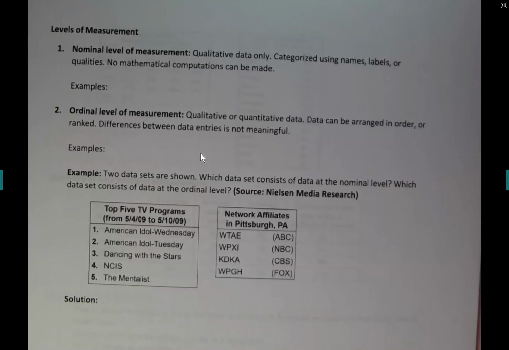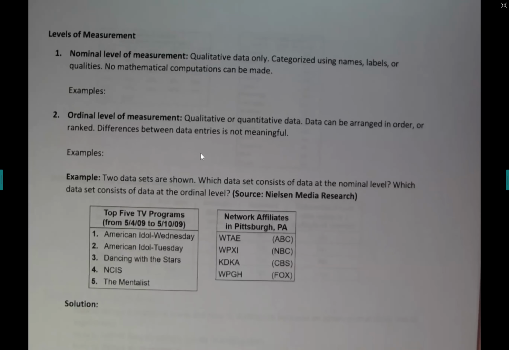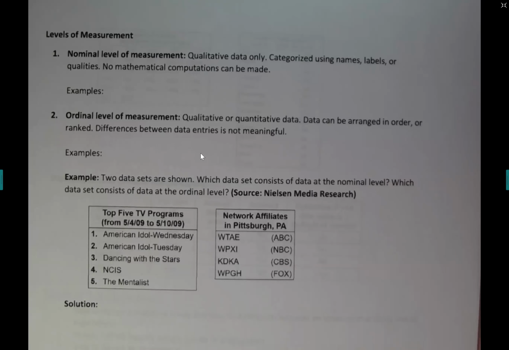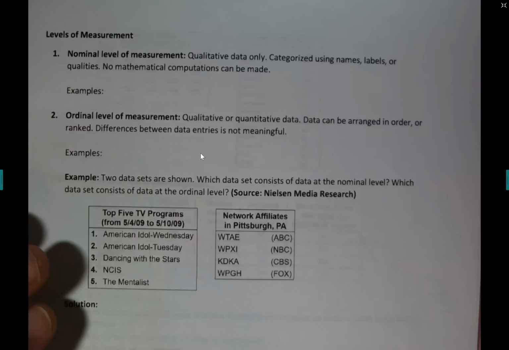Data at the nominal level is qualitative, mainly labels and names, and you cannot rank data, so you cannot sort data in order at this level. Anything qualitative, guys, that you cannot rank, like from smallest to largest, or first, second, third, will be nominal.